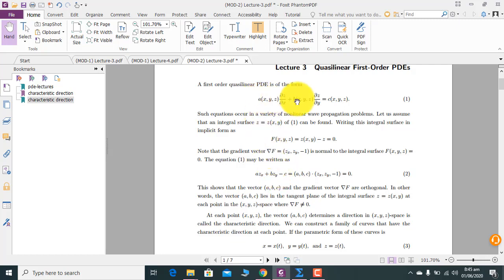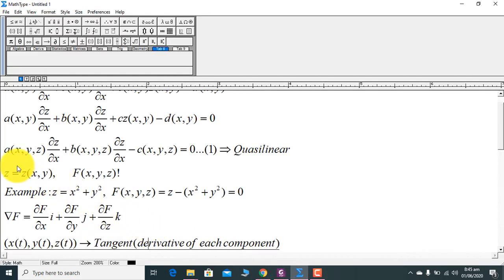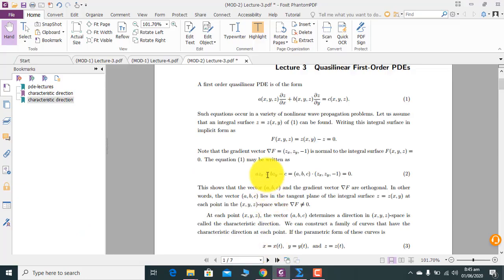So let's take the right hand side to the left hand side, which I have already done in that mathematical tab. You see that a z_x plus b z_y minus c equal to 0. So if you take that right hand side to the left hand side of equation 1, now you can write this left hand side as the dot product of two vectors.